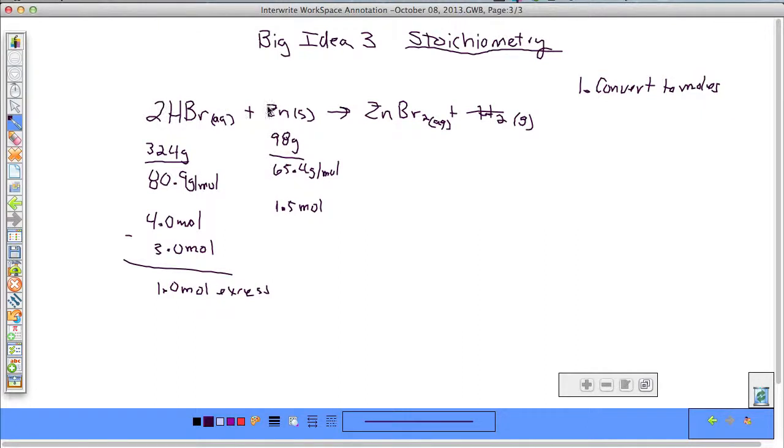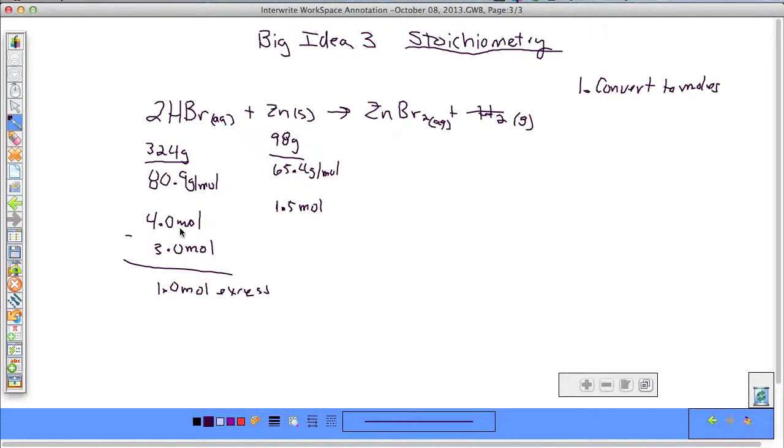These coefficients in front, and we don't have a number here, but it's 1, obviously, are ratios of moles, and you cannot exceed them or go under them. You have to match them perfectly. So we have 1.5 and 3, so that's exactly 2 to 1.